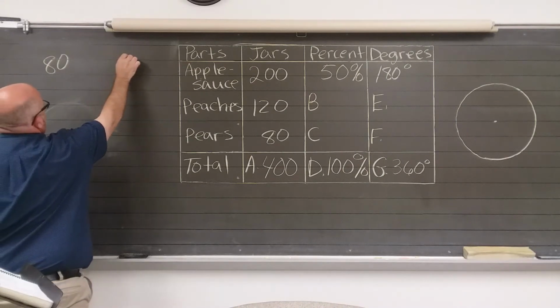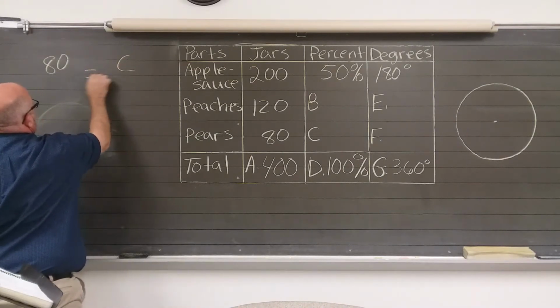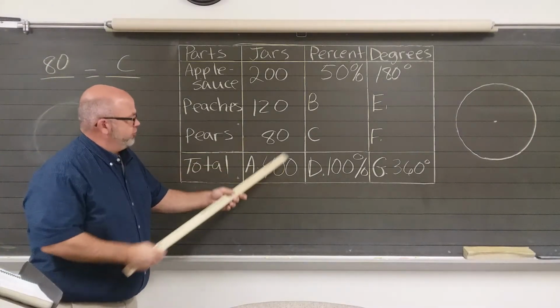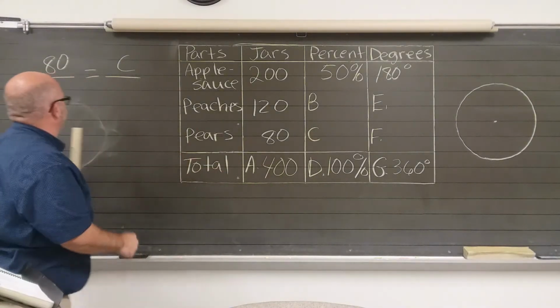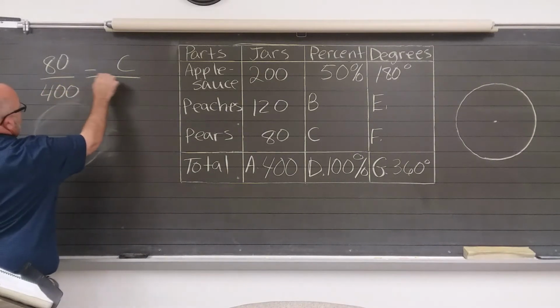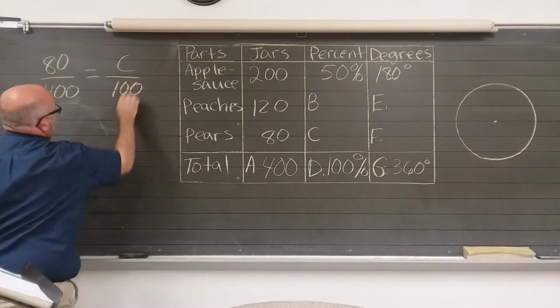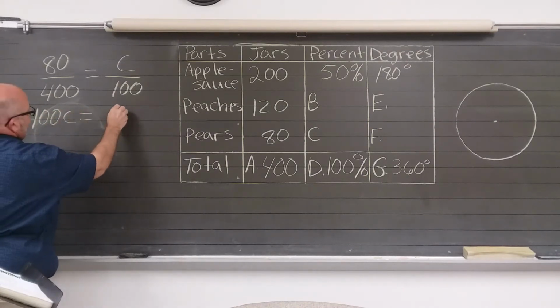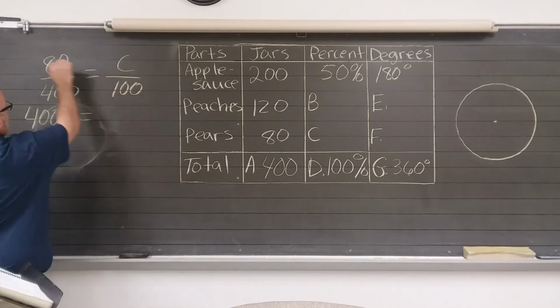Equals, and C is across from 80, so you have 80 over 400 equals C over 100. So you have 400C equals 80 times 100.